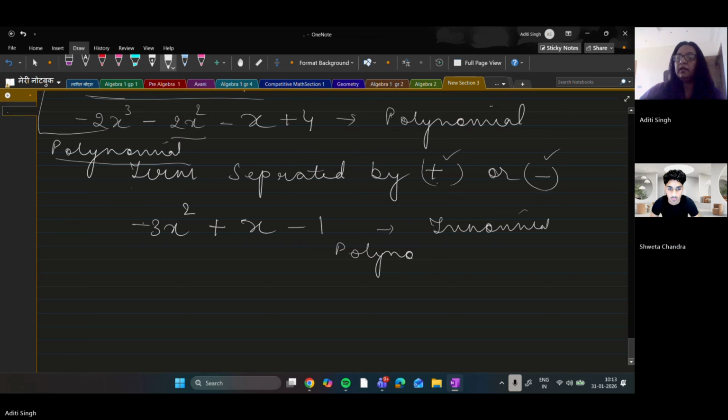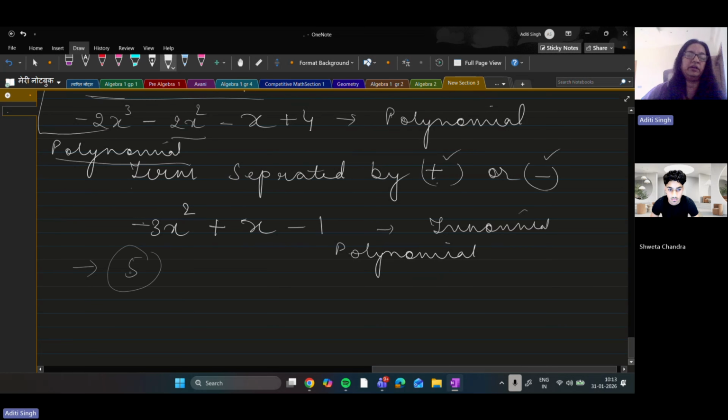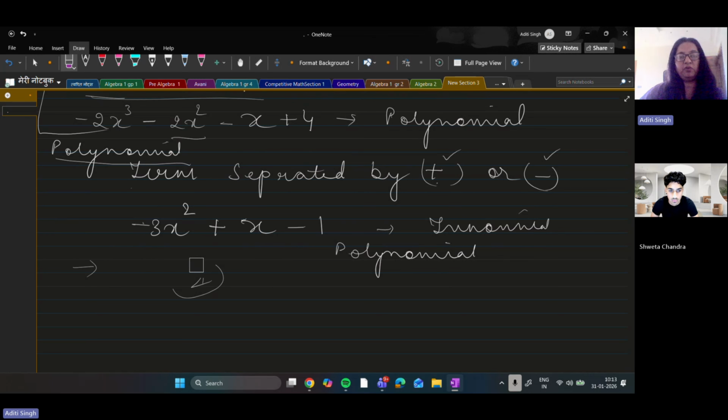As a simple example, when there are 5 students in the class, we call it students. If there is one or 2 students, I will not call it students? No. You will call it student only, even if it is 100. So all are polynomial till 3. We have given a name to this kind of polynomial.